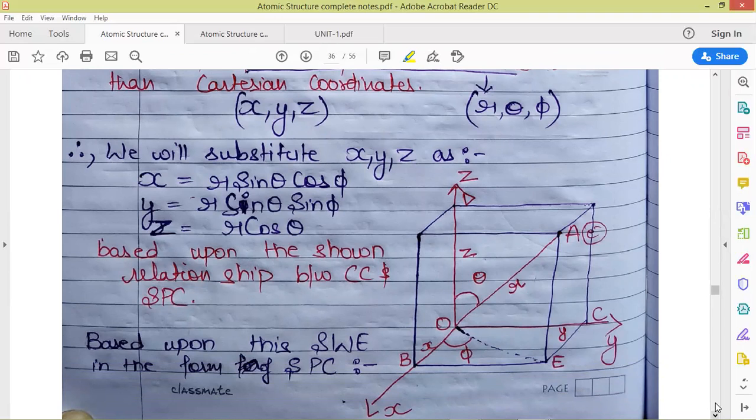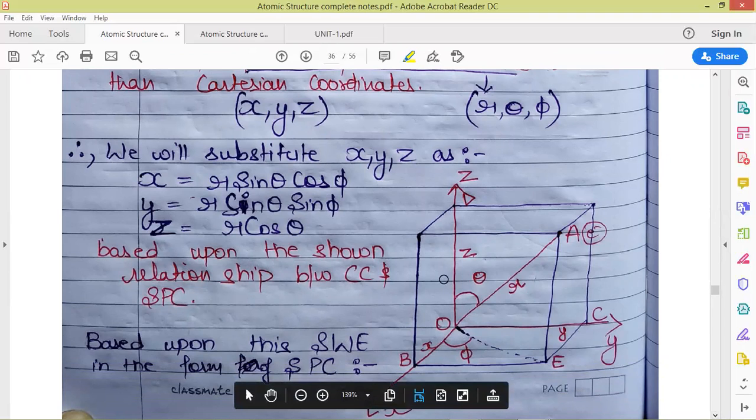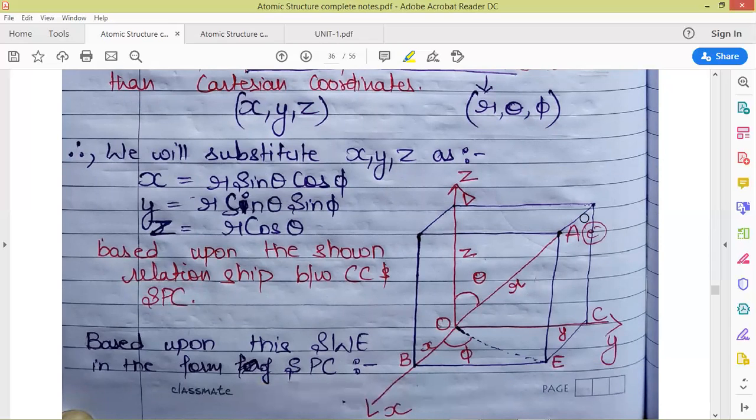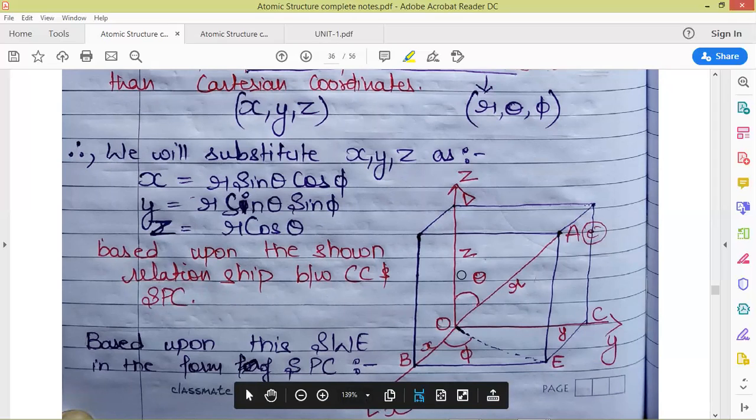But as of now, you can understand it like this: this is the origin represented by O. Here we are taking the electron represented by point A. This is the 3-dimensional space with 3 directions x, y, and z.